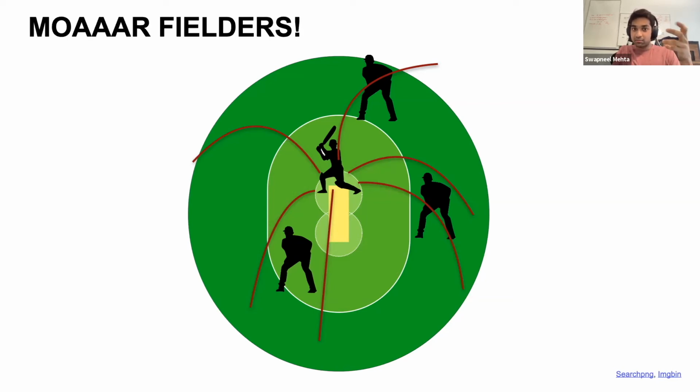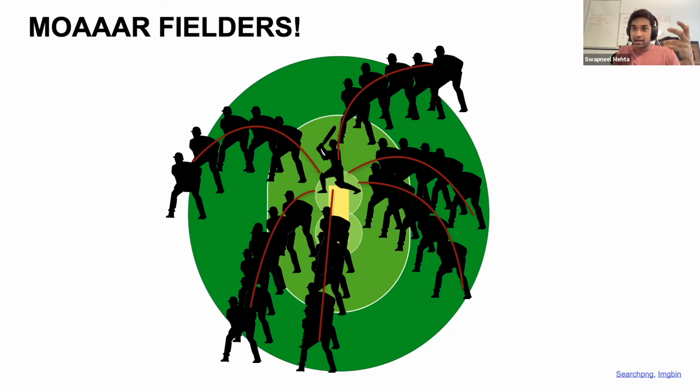And in general, the more parameters I add, the better my model is going to do. But the challenge with more parameters is this collision, and this collision is essentially like overfitting. It's going to be too specific to where the model is predicting. So if the batsman, for example, hits the ball along this line, I have no fielders here. I have just overfit to my training data.